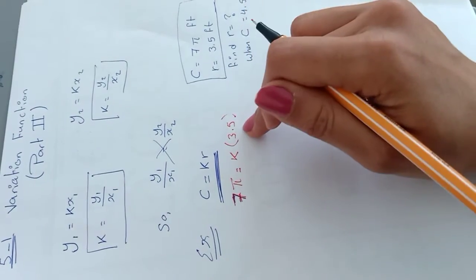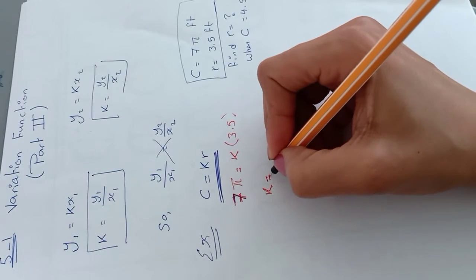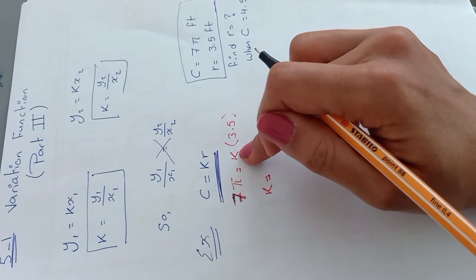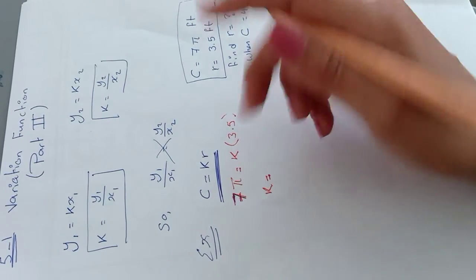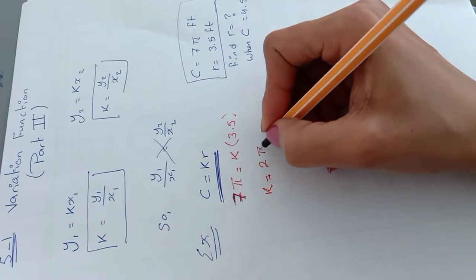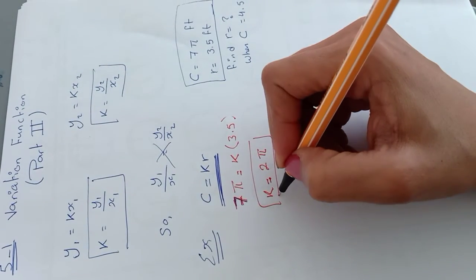Now, so the value of K equals 7 pi over 3.5, which gives 2 pi. Okay, this is the value of K.